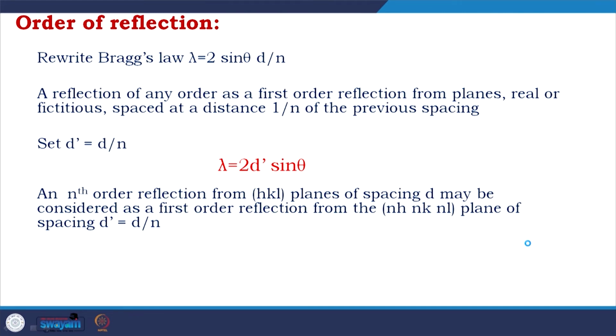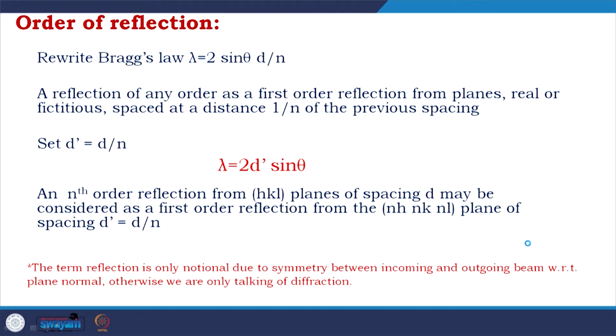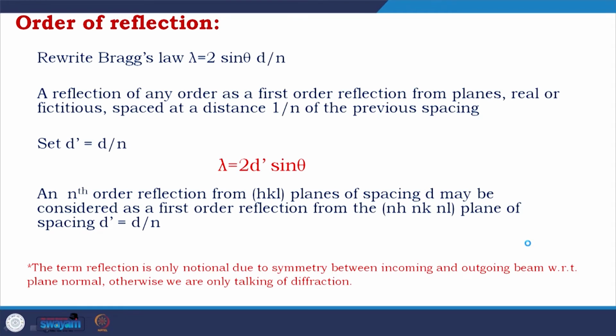An nth order reflection from hkl planes of spacing d may be considered as a first order reflection from the nh, nk, nl plane of the spacing d prime equal to d by n. So, that satisfies, and throughout we are talking about reflection only because when we are talking about symmetry, we talk about reflection between the incoming and outgoing beam. Otherwise, we will talk about diffraction.